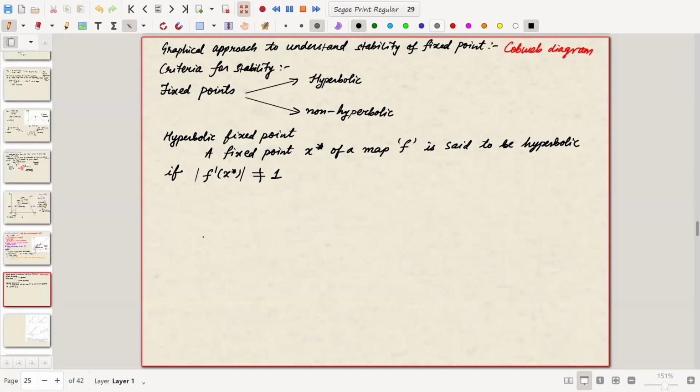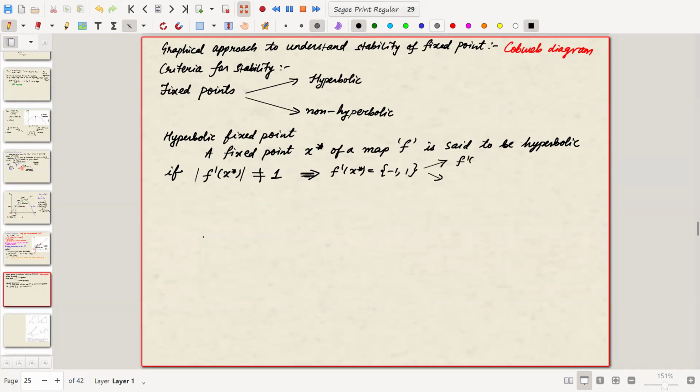That means f prime of x star can be both -1 and 1. If it is -1, the modulus will be 1. If it is 1, the modulus will be 1. You are taking the absolute value. So therefore, we have to treat these two cases separately.